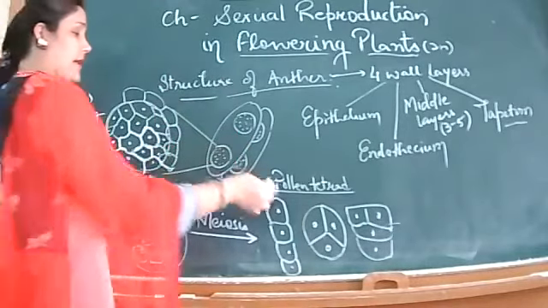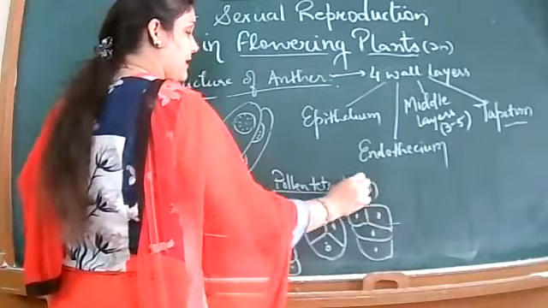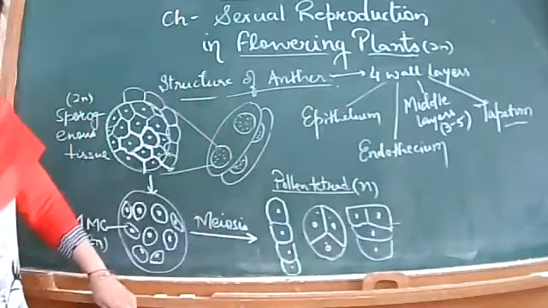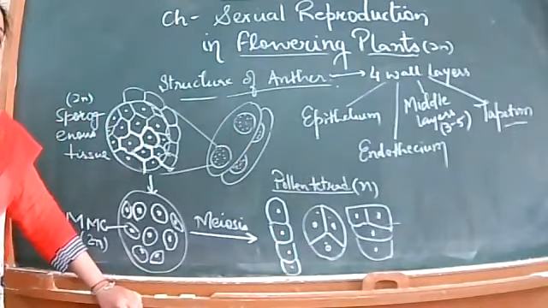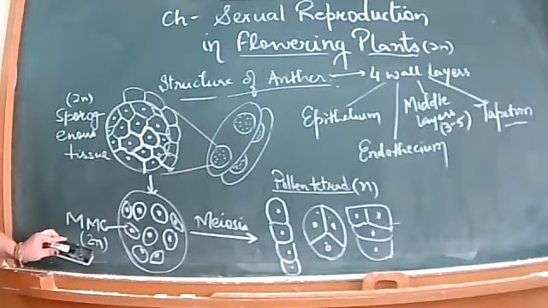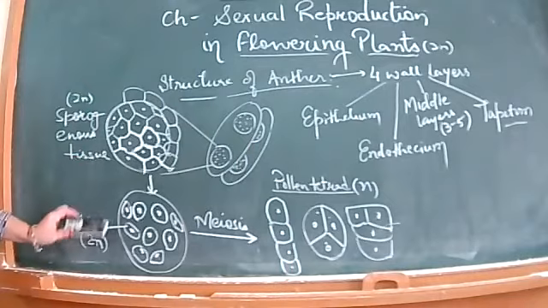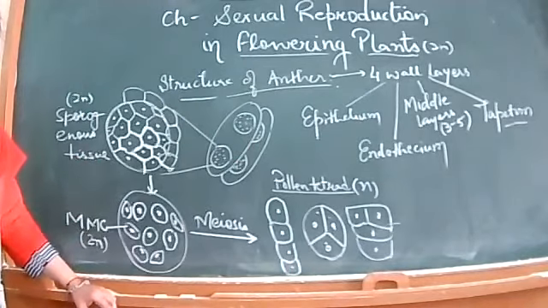Each cell of this pollen tetrad is an N structure. So the first formed N structure in the life cycle of the male reproductive part of the flower is the pollen tetrad, but where it has formed, where the first meiosis takes place, is the microspore mother cell.